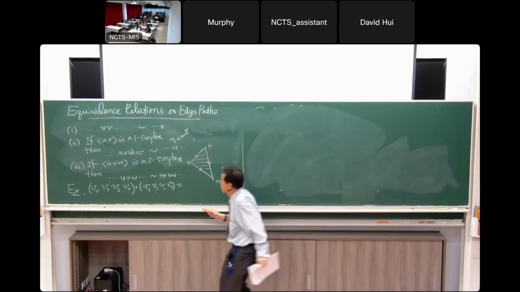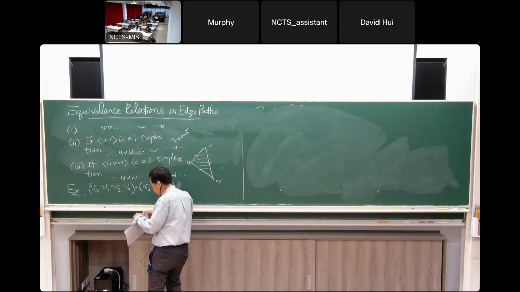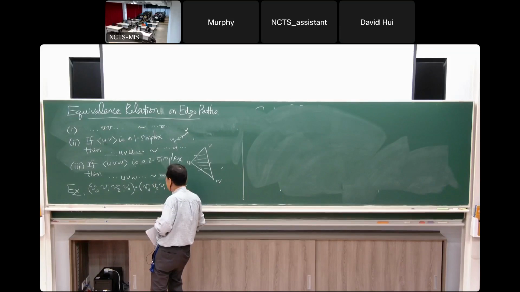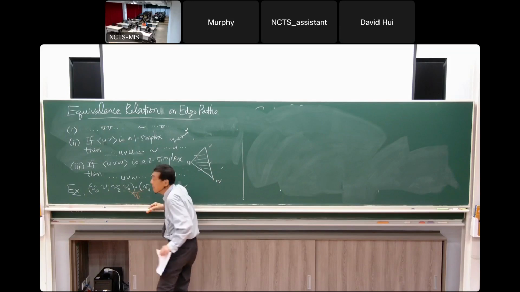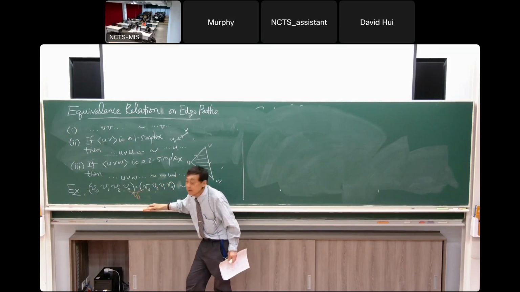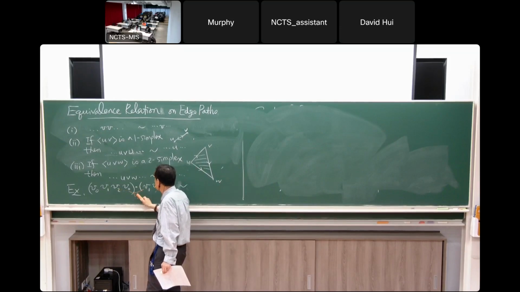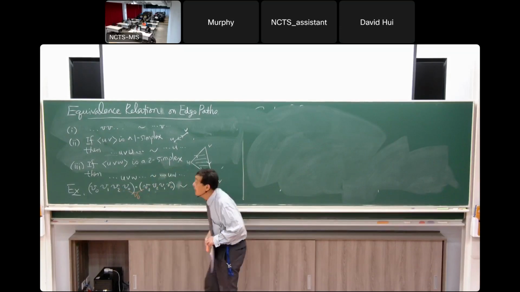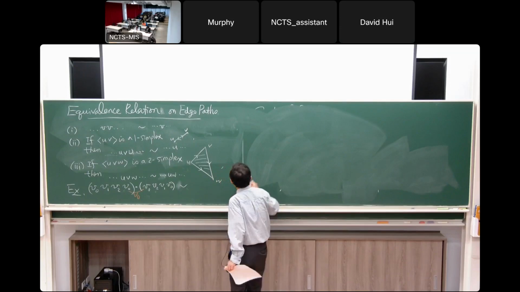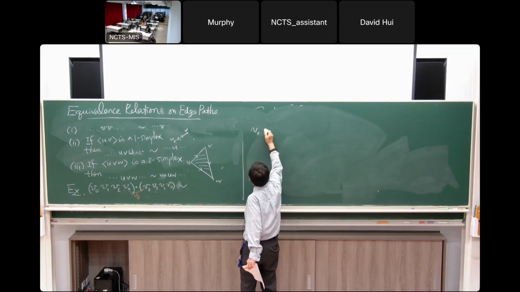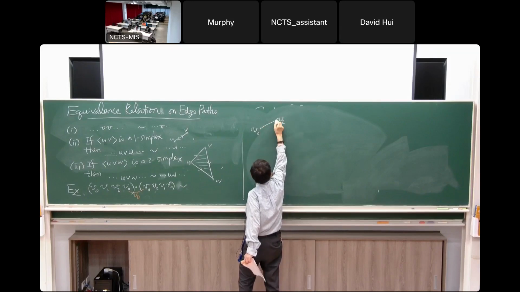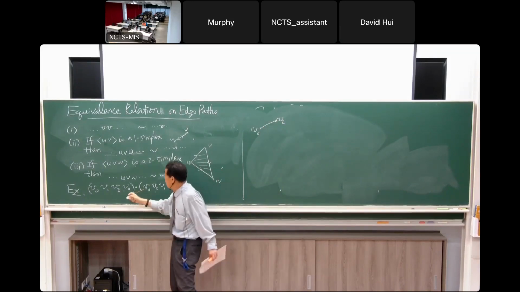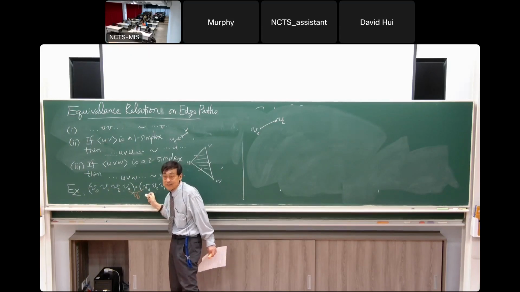So, okay. So this is going to be equivalent to, now, V0, V0 is just V0. And what's V2, V0, V2? I mean, V0, V2 is an edge.